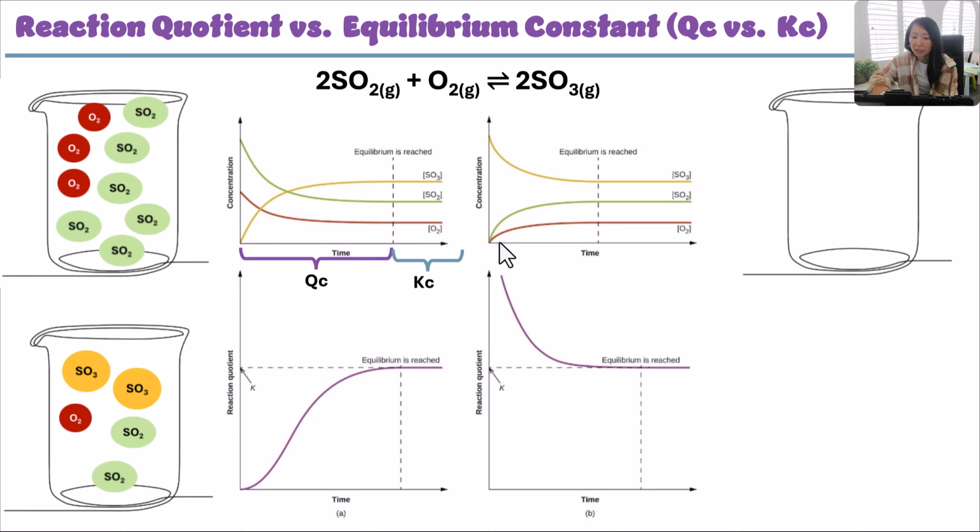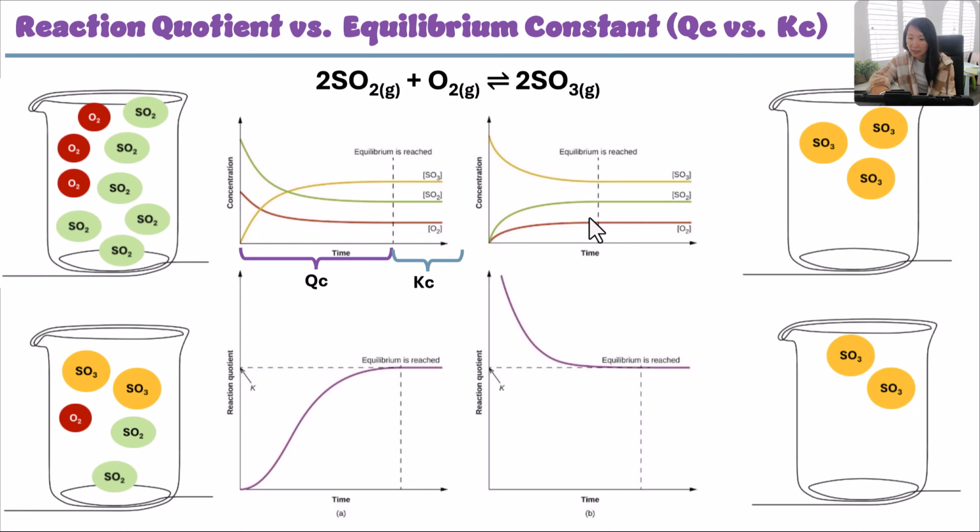Let's look at another scenario in which we have just sulfur trioxide. And then it's going to be utilized in order to make the sulfur dioxide and the oxygen over time. So that's what's going on here. You have sulfur trioxide being made into oxygen and sulfur dioxide.